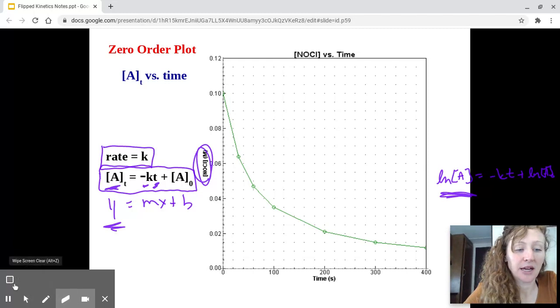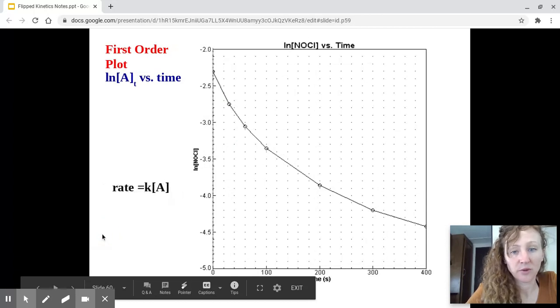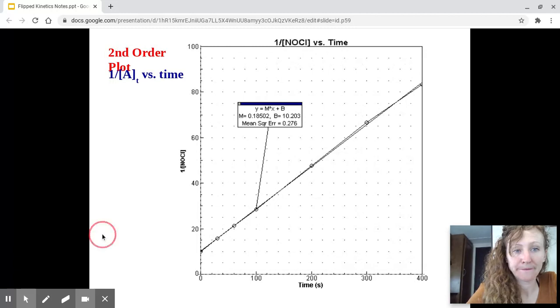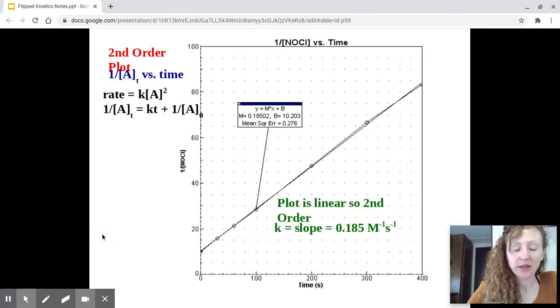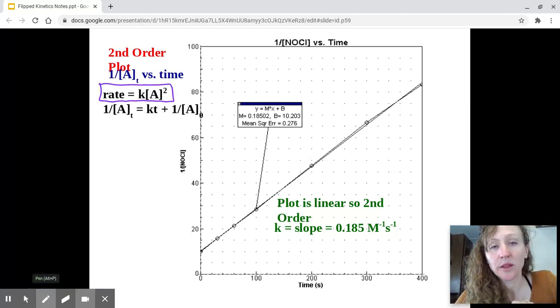Let's look at second order. Okay, we've talked about first order already. Second order, here we go. Okay, so again, you can see our differentiated rate law there with the little 2 indicating that it's second order.